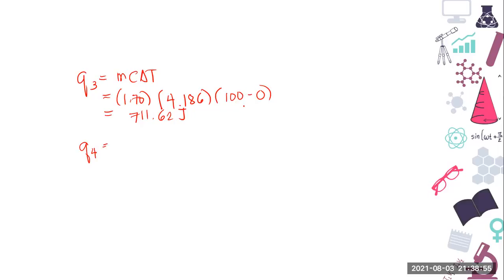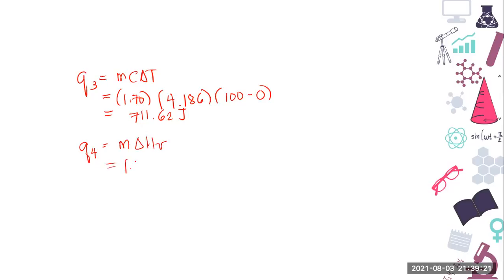Okay, Q4. Now it's already water at 100 degrees, but it has to change its state because our target is to be steam. So you have to change this liquid water to steam. Since it's already at 100 degrees, it's already boiling, but it's not yet in vapor form. So what you need to do is introduce the heat of vaporization.